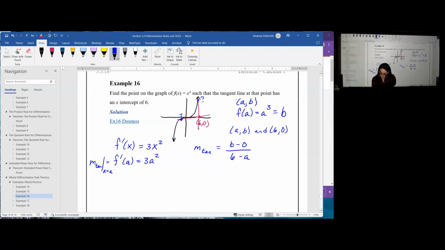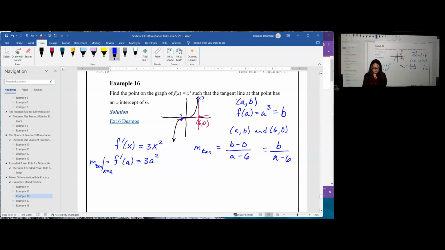This, however, reduces, and oops, I've got it backwards. Instead, I have the a under the b minus 6.